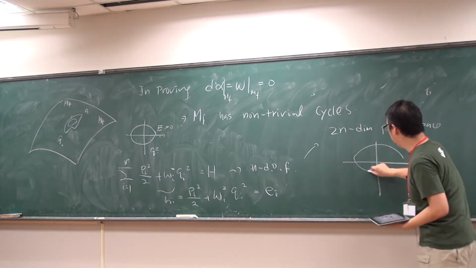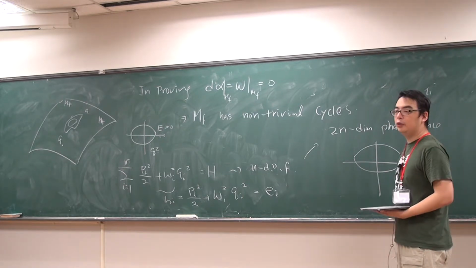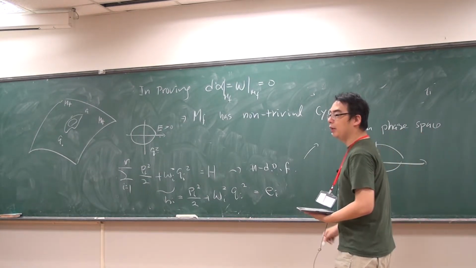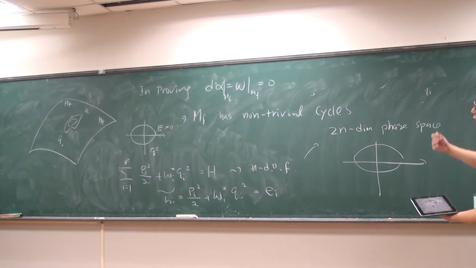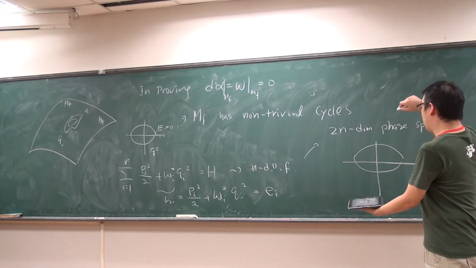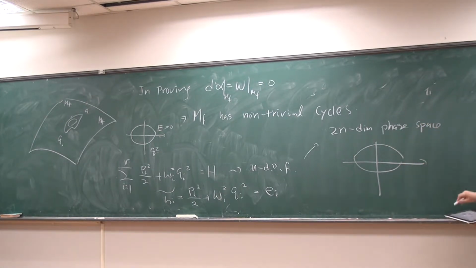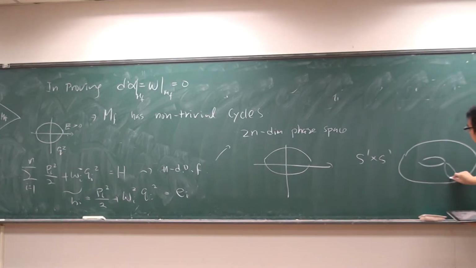So you have one here, and unfortunately I can't draw 4-dimensional space here, but you can imagine that there are basically n different cycles. Like, well, the simplest case, you've got S1 and S1, for those of you who don't know. You basically have a torus.